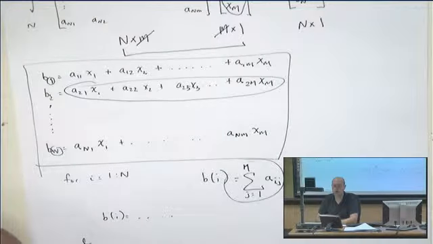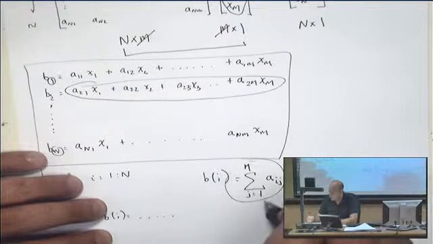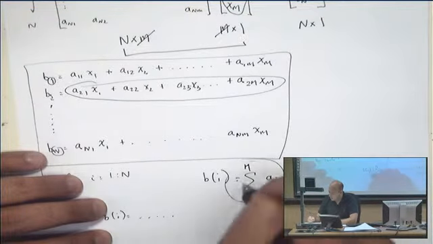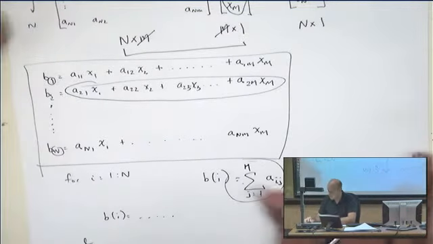All right, this is basically saying for j goes from 1 to m, and this sum is going to be equal to whatever the sum was plus aij xj.